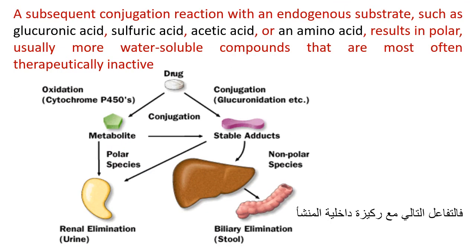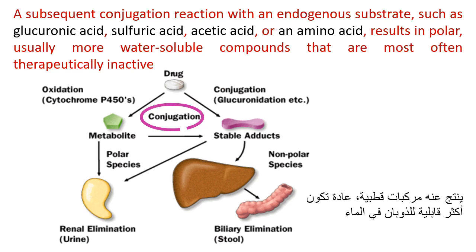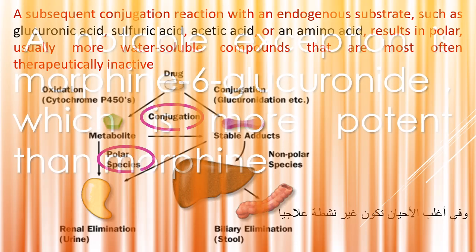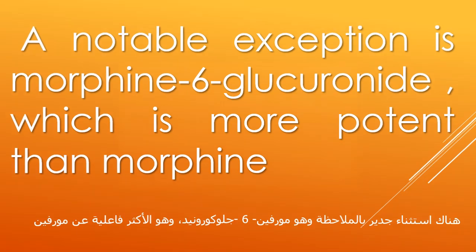A subsequent conjugation reaction with an endogenous substrate such as glucuronic acid, sulfuric acid, acetic acid, or an amino acid results in polar, usually more water-soluble compounds that are most often therapeutically inactive. A notable exception is morphine 6-glucuronide, which is more potent than morphine.